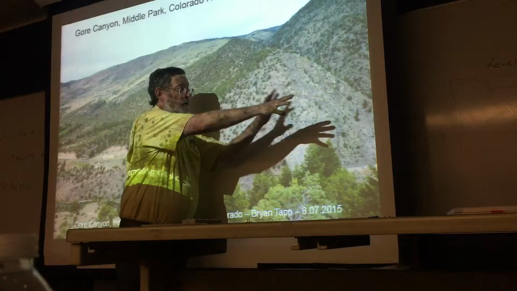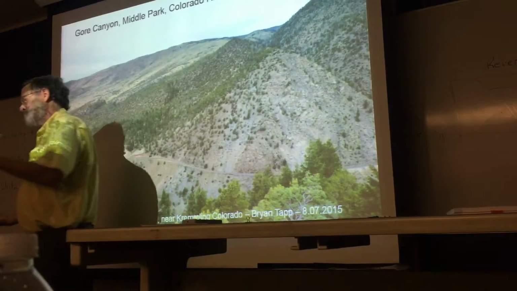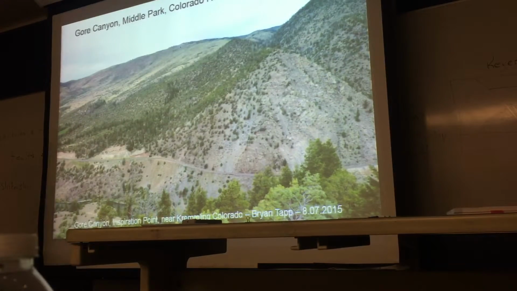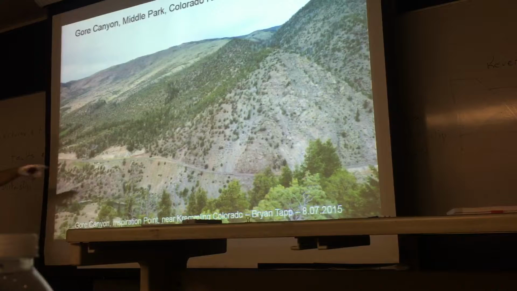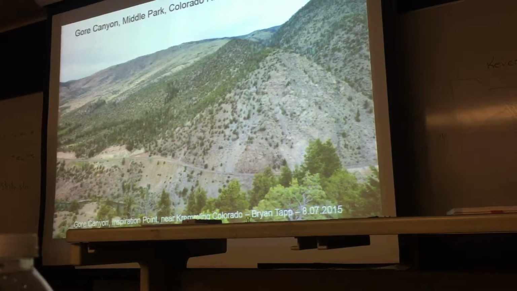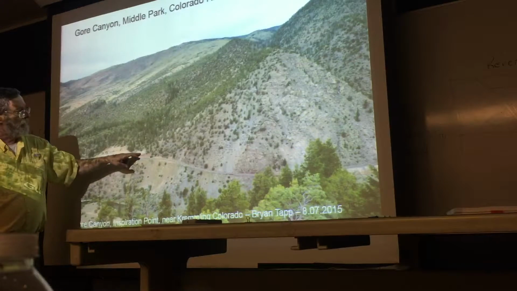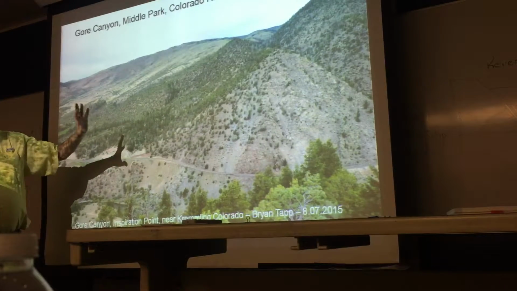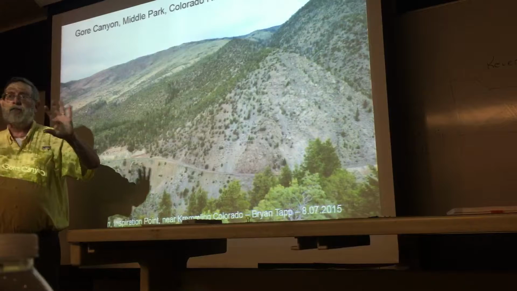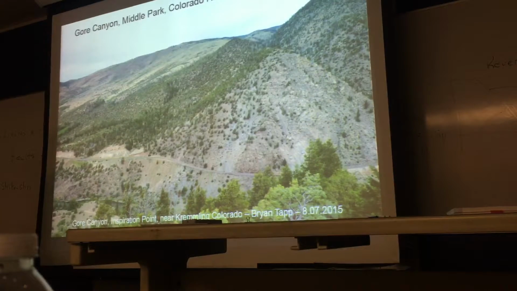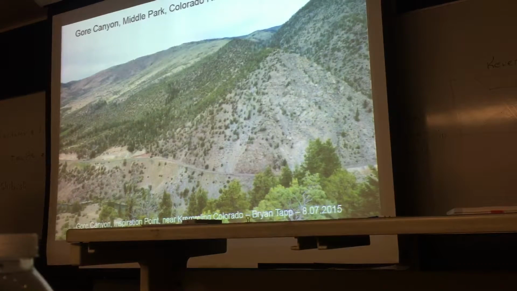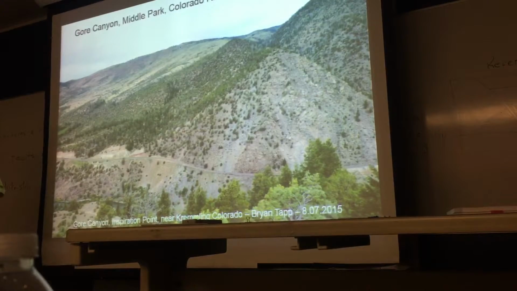These rocks are, let's see, this would be a mixture of Paleoproterozoic biotite gneiss and granite in this system. This would be Triassic, it looks like Chugwater here. So this is apparently a relatively minor normal fault bounding the edge of Middle Park.